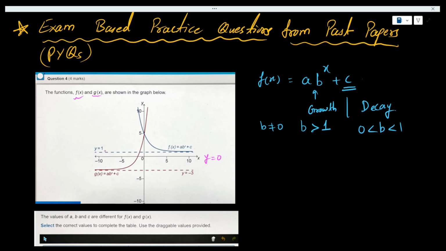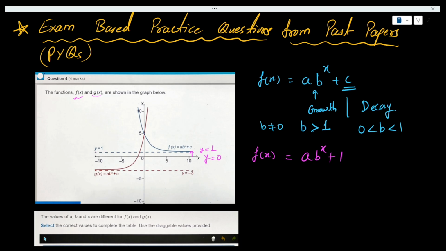If you see, your asymptote is moving 1 unit up. So y equals 0 is moving to y equals 1. So what is going to be f(x) first? I can substitute a b to the power x plus 1, because c is going to be equal to that horizontal asymptote.